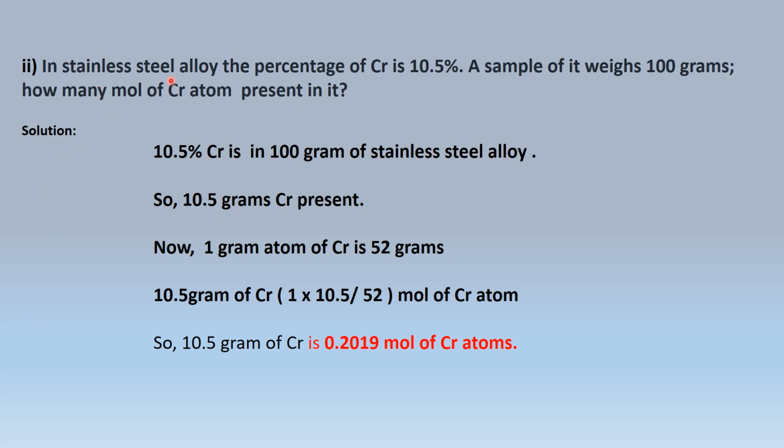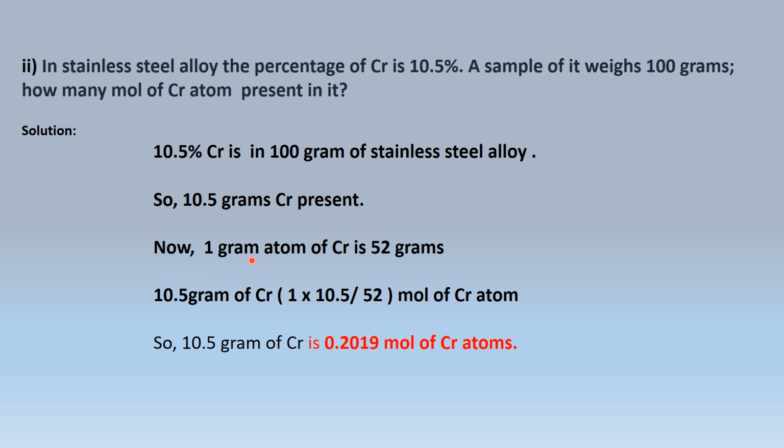Stainless steel is an alloy of chromium along with iron and nickel. The percentage of chromium is 10.5% here. For a sample weighing 100 gram, you have to determine how many moles of chromium atoms. So 10.5 gram chromium is present because it is 10.5%.